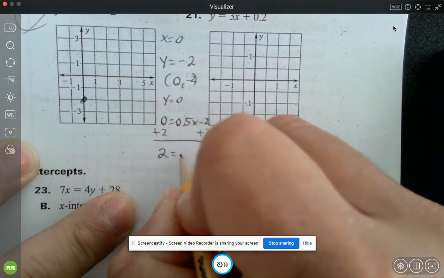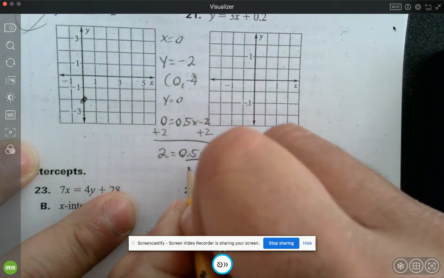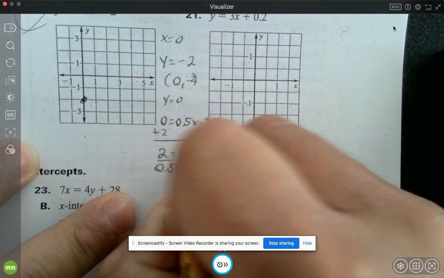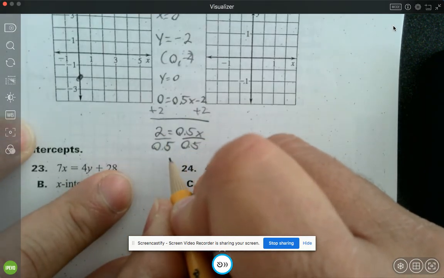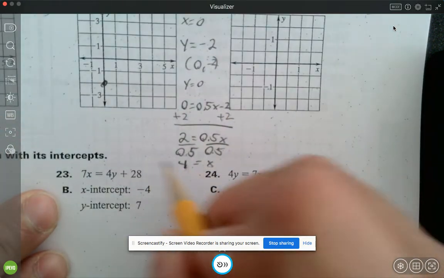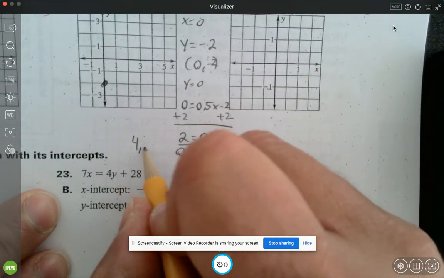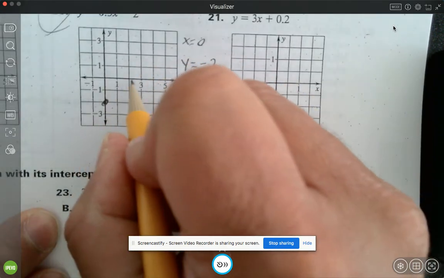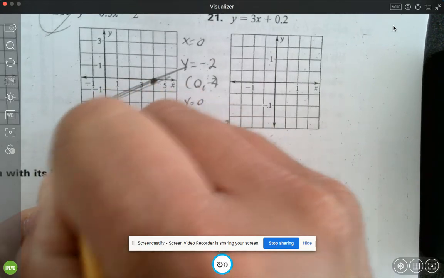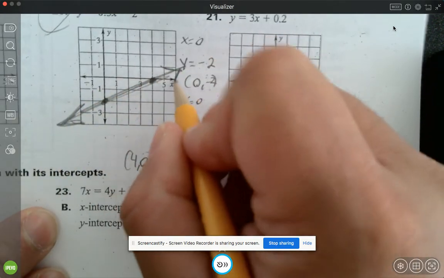I'm left with 2 equals 0.5x, divided by 0.5, or a half. And a half goes into 2 four times, so I'm left with x equals 4. So my coordinate, I would write it as (4, 0). 1, 2, 3, 4. So then my graph would look like that.